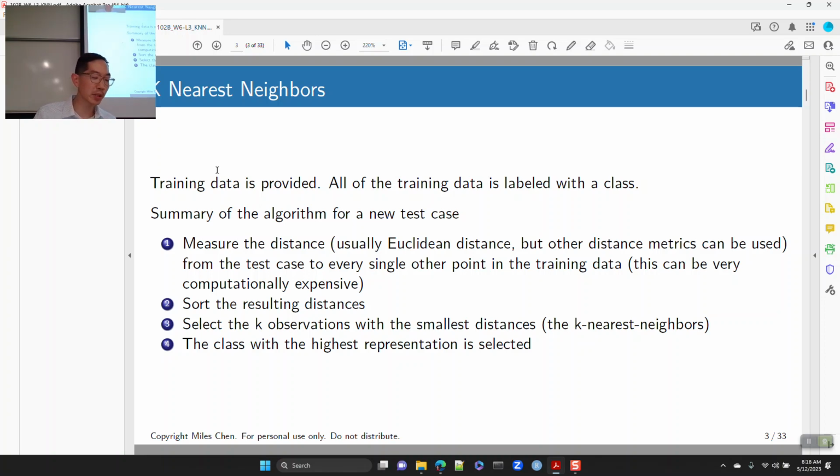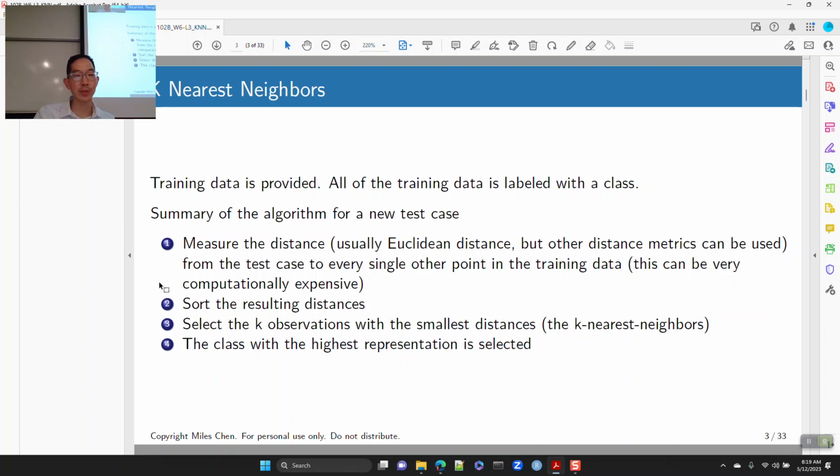So the way it's going to work is you have your test case, and you're going to measure the Euclidean distance from your test case to every single observation in your data, right? And so you get a distance. So if I'm sitting here, it's 6 feet to this person, 7 feet to this person, 8 feet to that person, 9 feet, and so on and so forth. And I measure, okay, this is how far everybody is. And then I'm going to say, okay, who are the 3 nearest neighbors of mine?